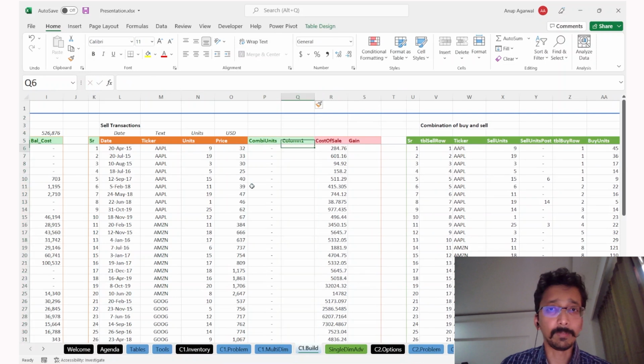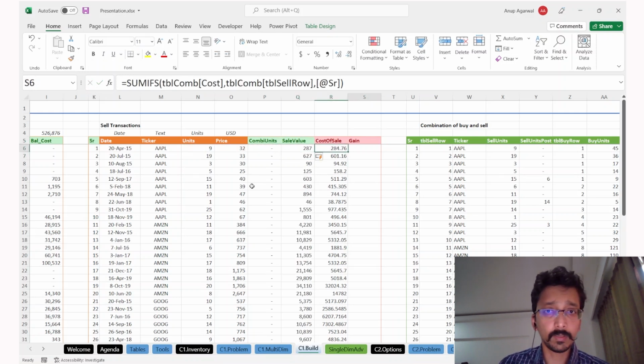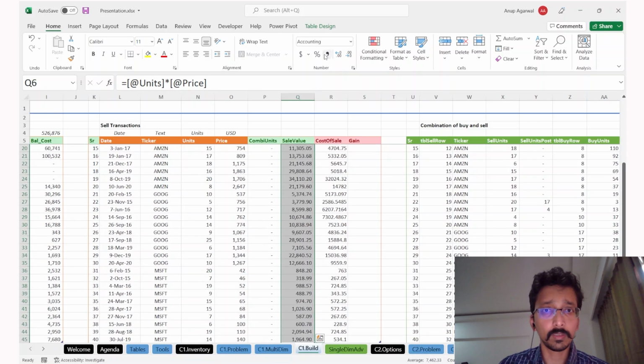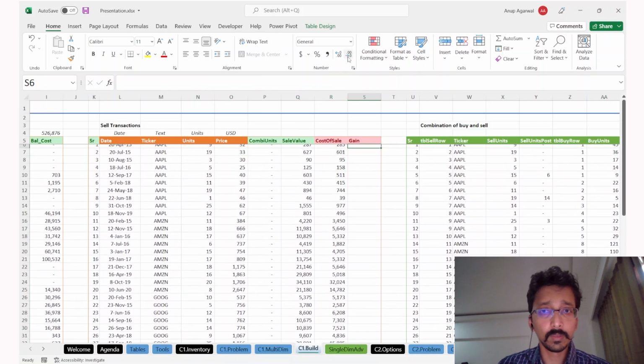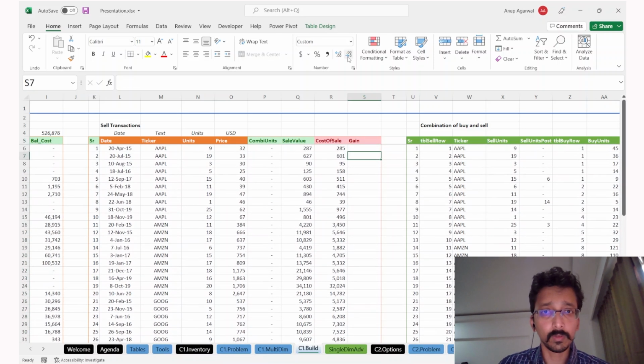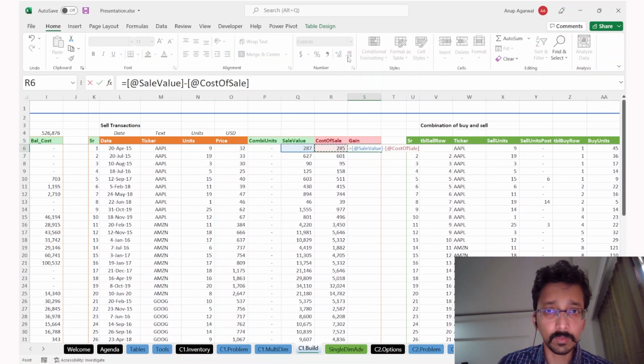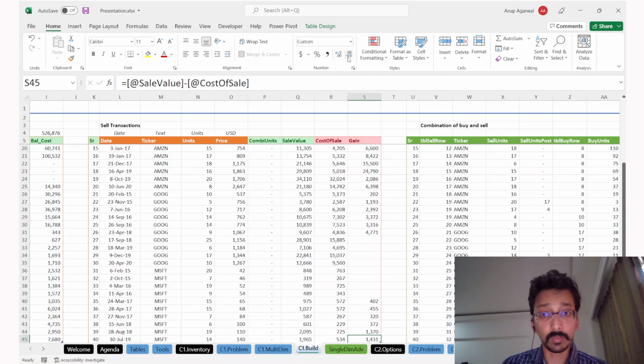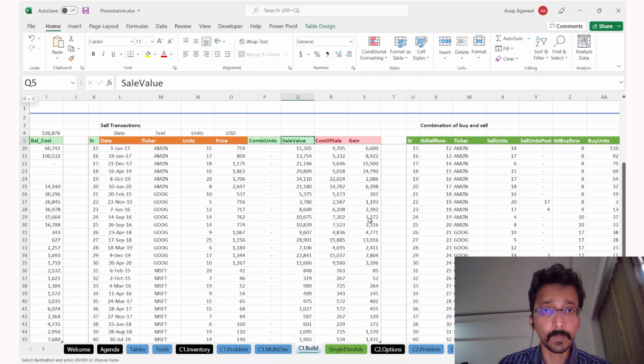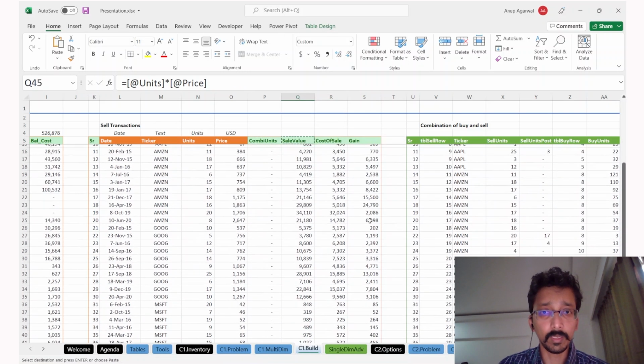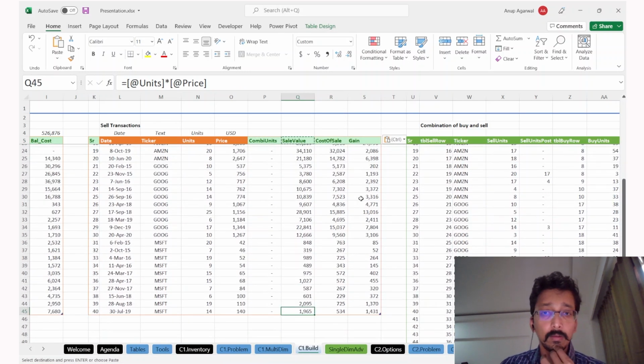Let's actually add a helper column here for sale value, which is units multiplied price. Let's format it like this. Sorry, not the whole column. This and this also. So yeah, sale value, this minus this. So this is the gain you made on these individual sales. All right, and I'll format all these green to again tell us what is going on over here.